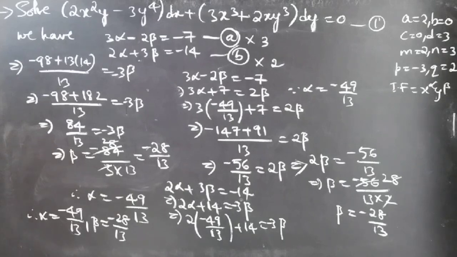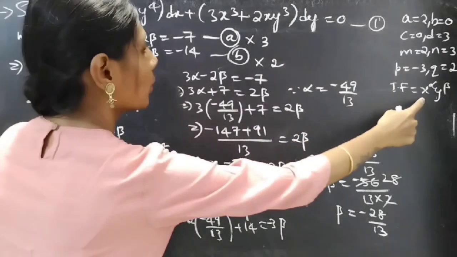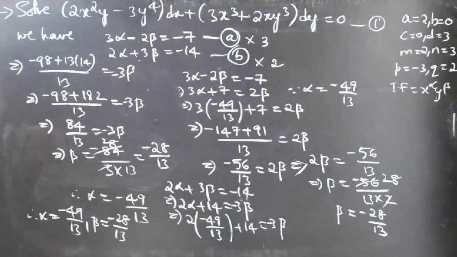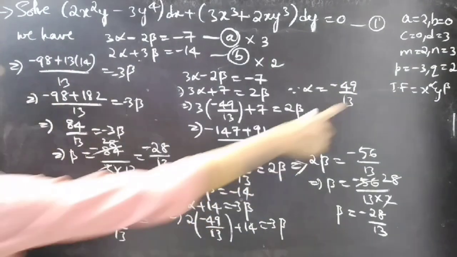Now we'll find the integrating factor using x power alpha, y power beta. Just substitute the values of alpha and beta in this.